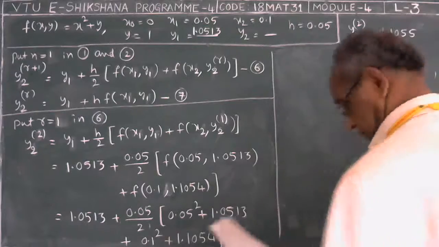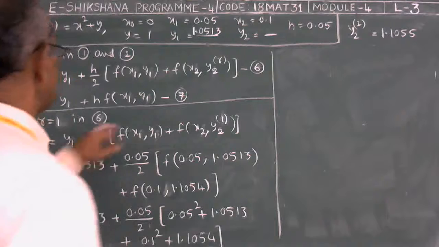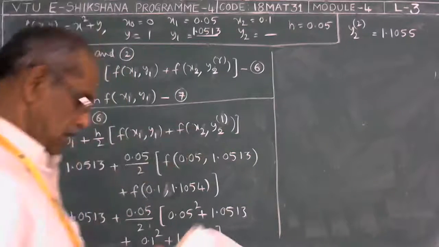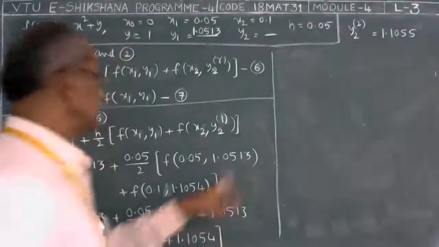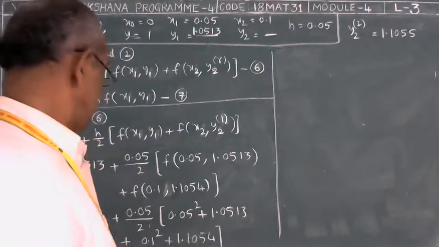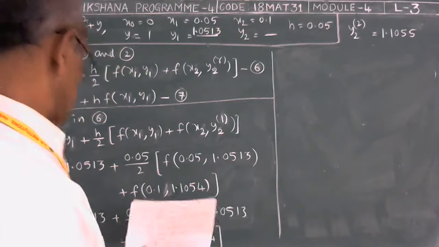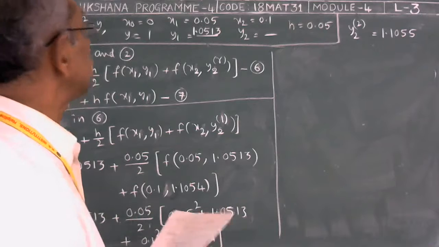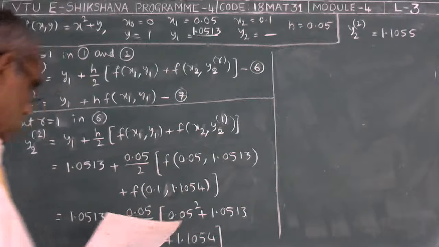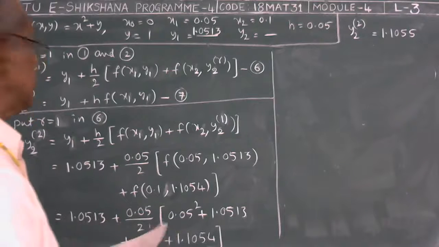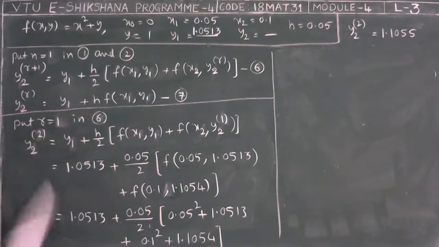Now we compare with the previous one: y21 is 1.1054 and y22 is 1.1055. There is a difference, so this needs to be corrected again by putting r equal to 2 in 6.